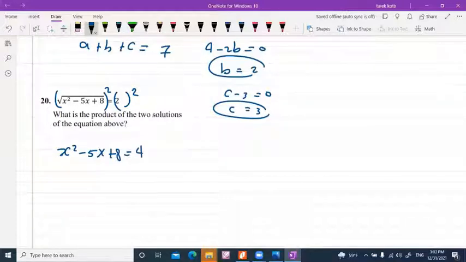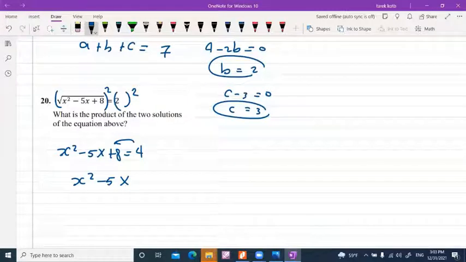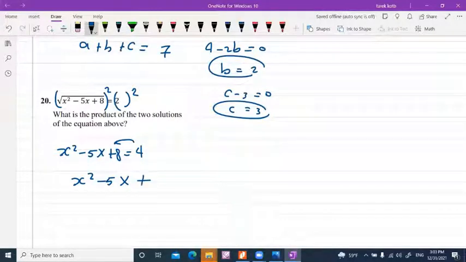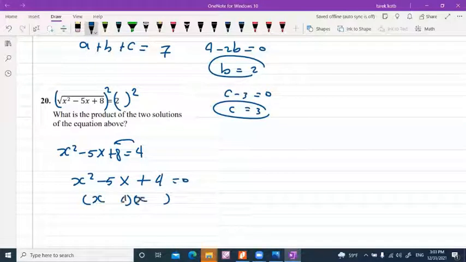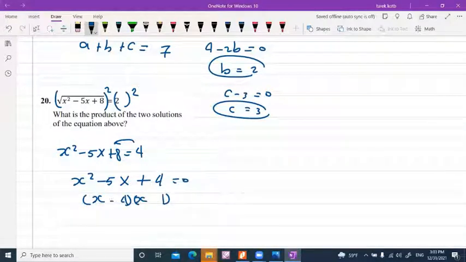Get this to the other side, it will be x squared minus 5x plus 4 equals 0, and then it will be x minus 4 and x minus 1, so x equals 4 or x equals 1. He wants the product of the two solutions, which means 4 times 1.